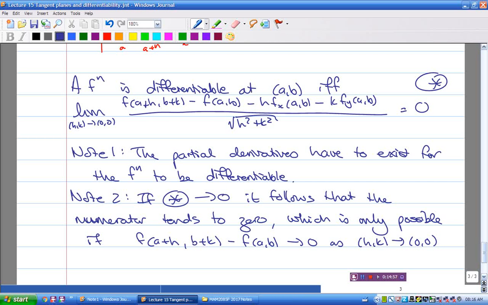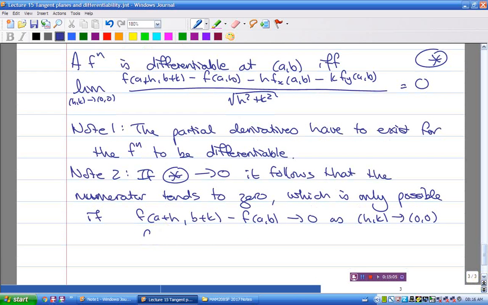So if our entire numerator has to tend to 0, it necessarily follows that the first term minus the second term is going to have to tend to 0. In other words, f(a + h, b + k) tends to f(a, b) as (h, k) tends to (0, 0). And that has a name. That thing that I just wrote down there, that has a name. That's called continuity.